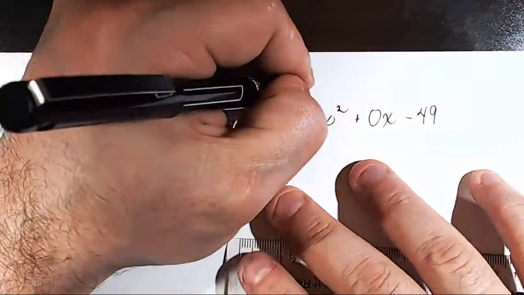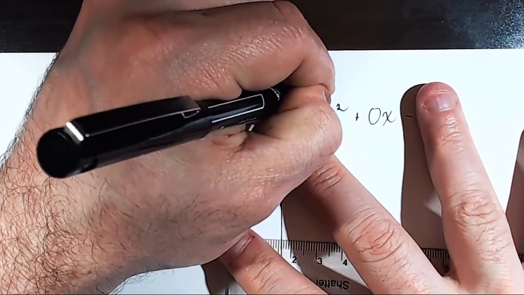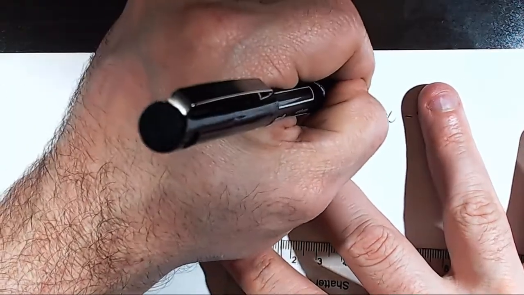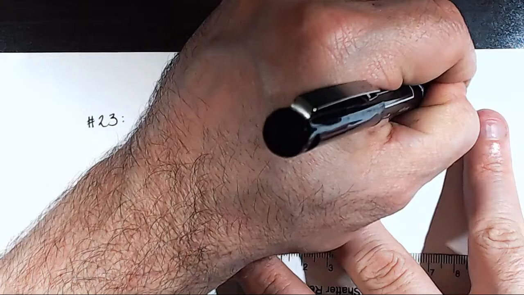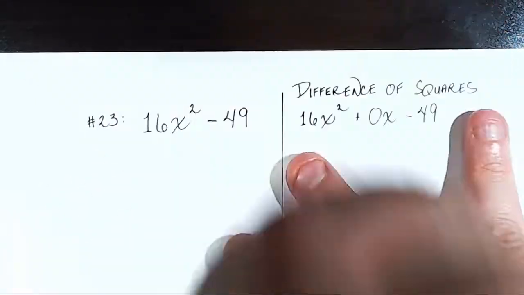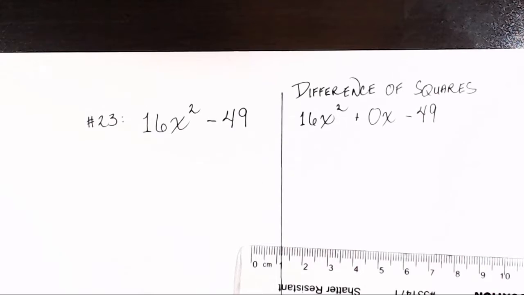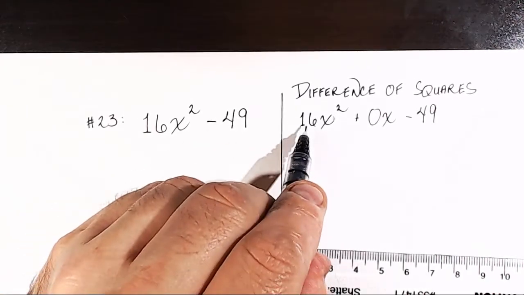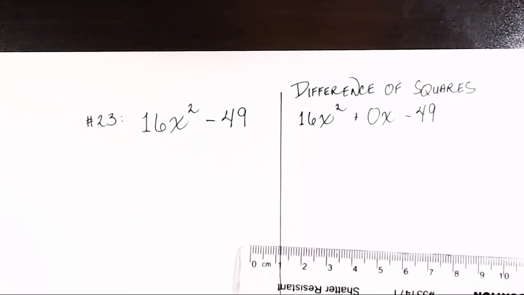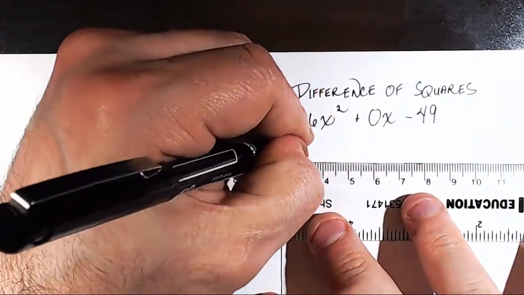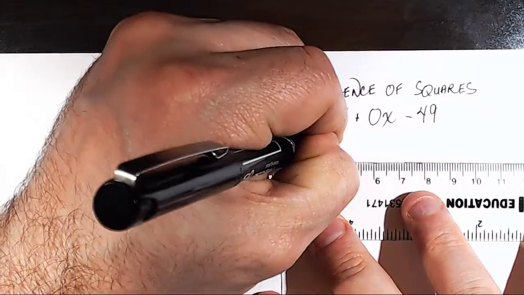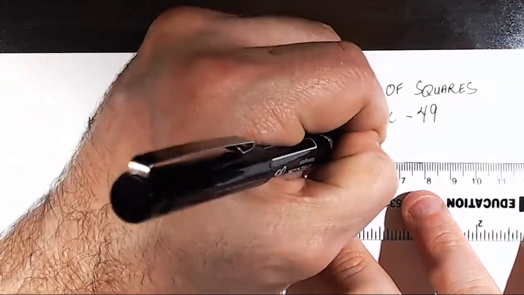Remember, we're still working with this concept called difference of squares. It shouldn't be too complicated, and it should have something to do with squares and their roots, not multiplying 16 times negative 49. That just seems way off base to me. So let's leave that and let's try something else.